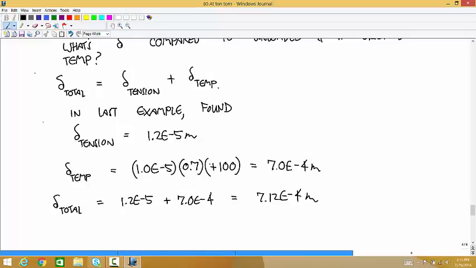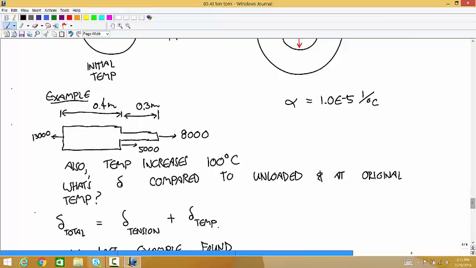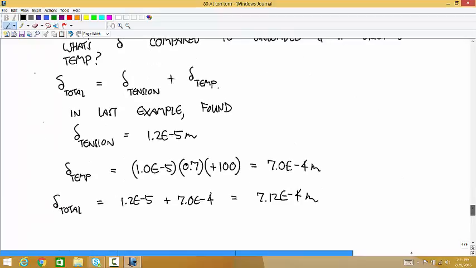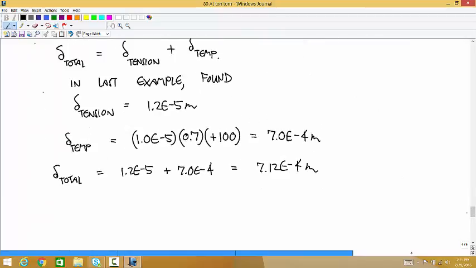It says that it increases 100 degrees. Is that what you mean? No, like the actual alpha sign. Mm-hmm. Why isn't it just a number? Oh, the units are canceling: 10 to the minus 5, 1 over degrees Celsius. Oh yeah. So the units have to cancel so that in the end you get something in meters. Okay, well, let's see. Any other questions?